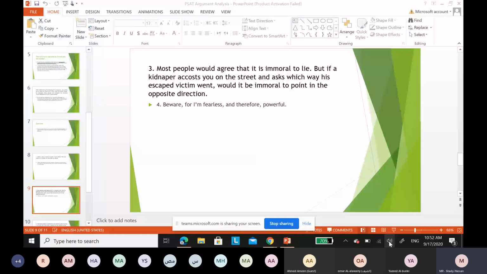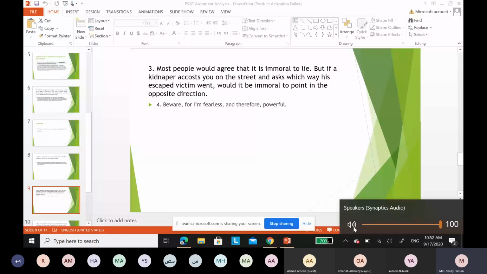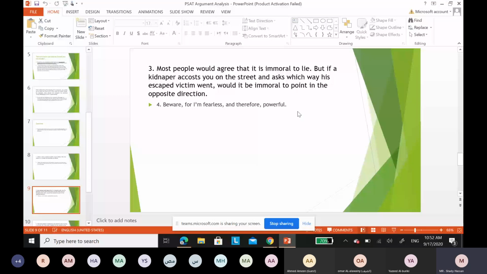How many sentences do you have in here? The first one, most people would agree that it's immoral to lie. Second one, but if a kidnapper accosts you in the street and asks you which way his escaped victim went, and the third one, would it be immoral to point in the opposite direction? Which one holds the conclusion?